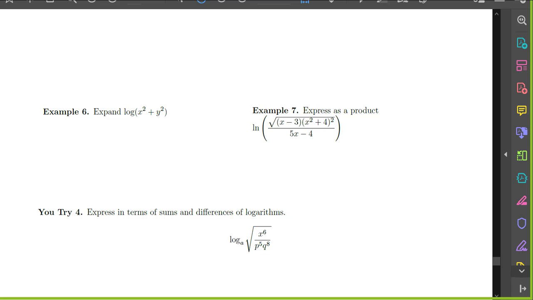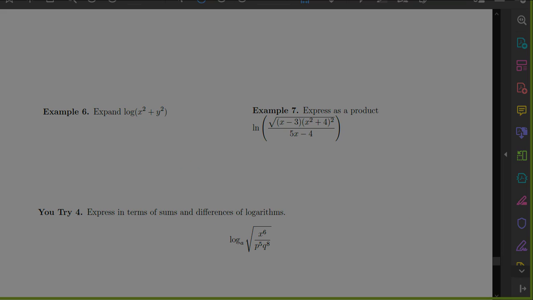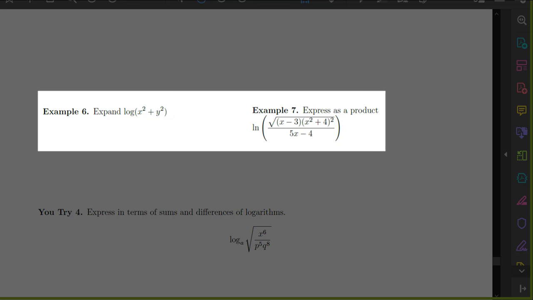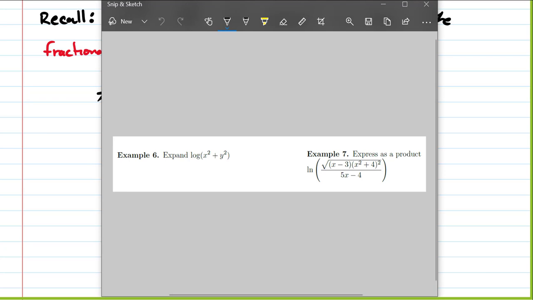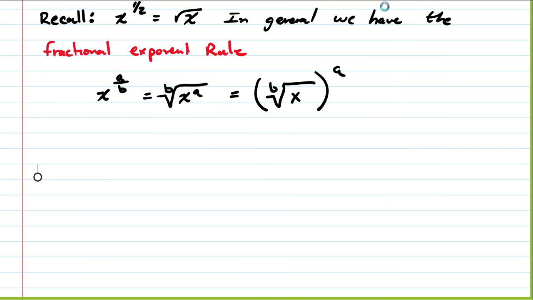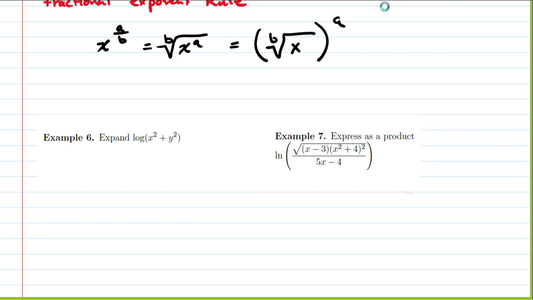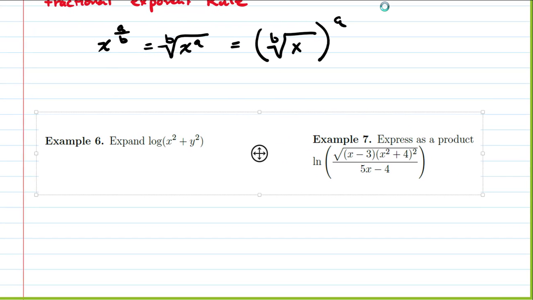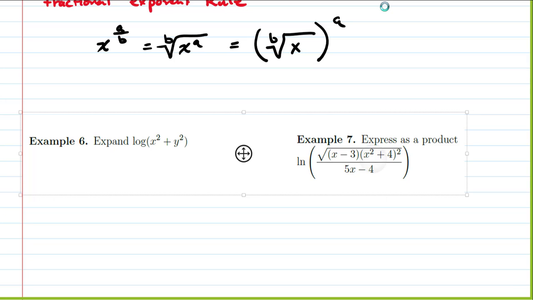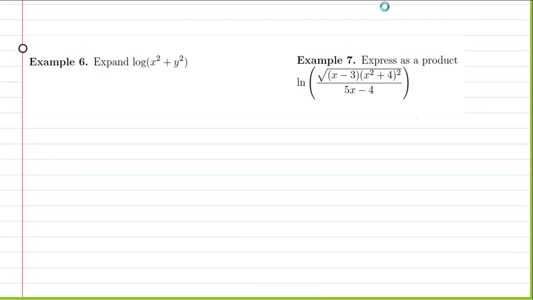All right, so let's take a look at each of these. We want to expand the logarithm of x squared plus y squared. So which rule can I use? Well, do I have any products? Nope. Do I have any quotients?